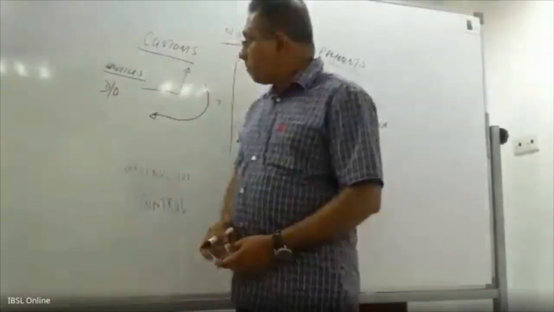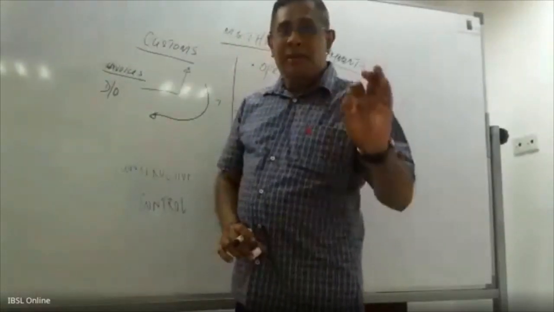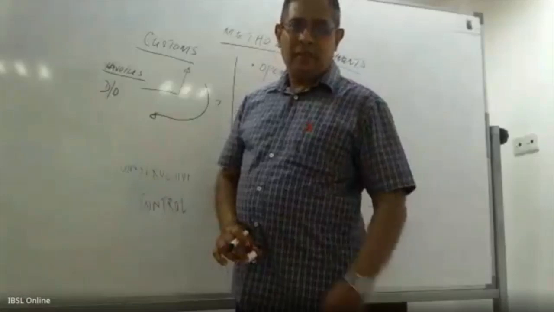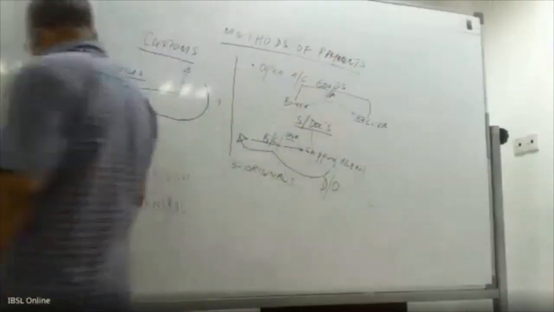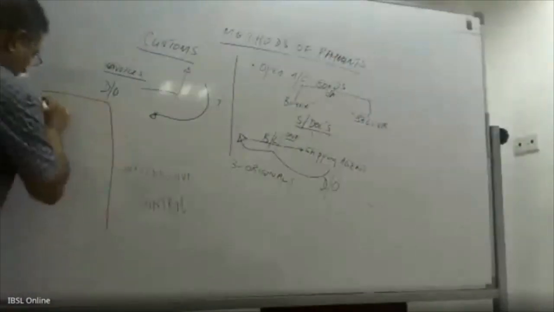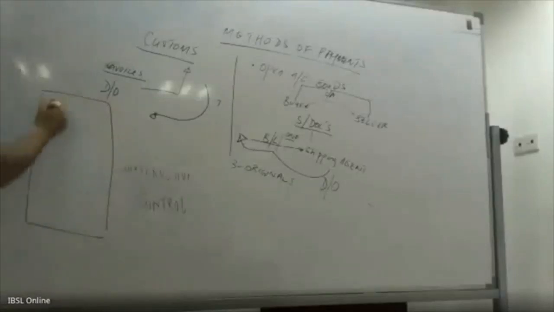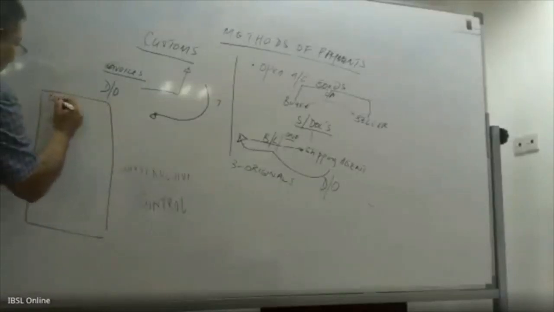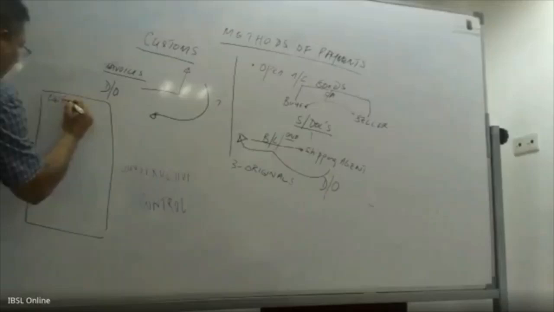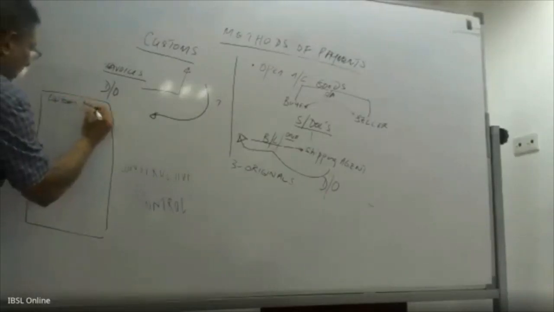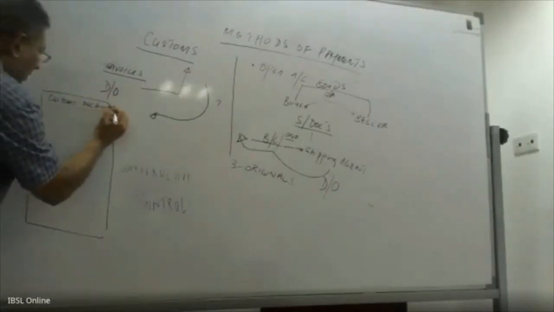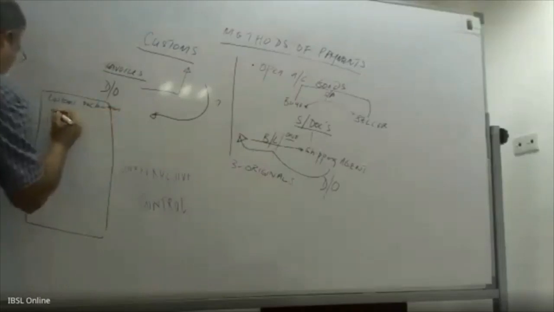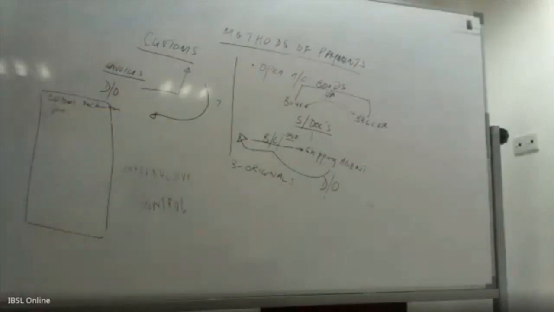a document. Now, this is the thing that is important. They give a document called, take it down, Customs Declaration Form.